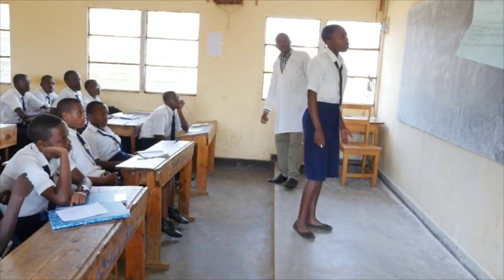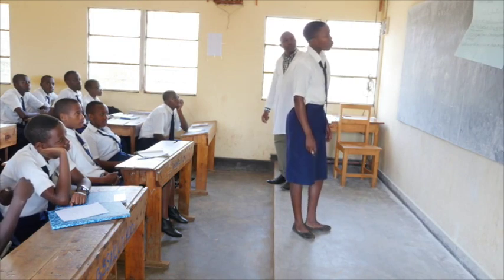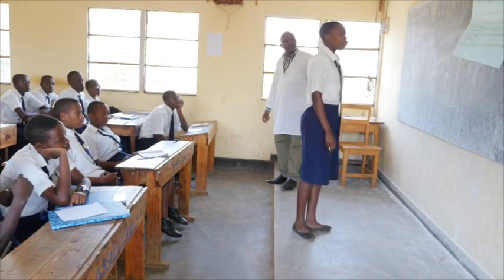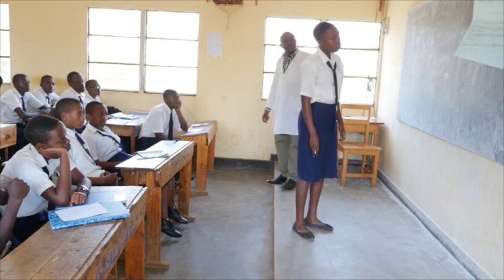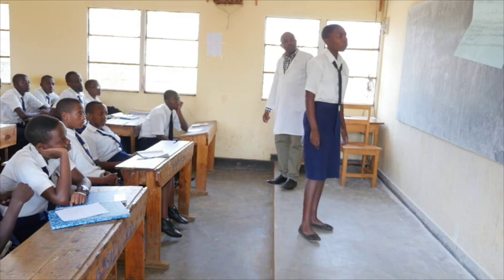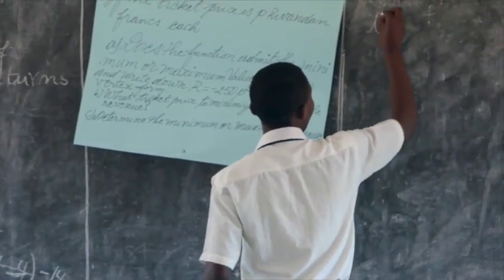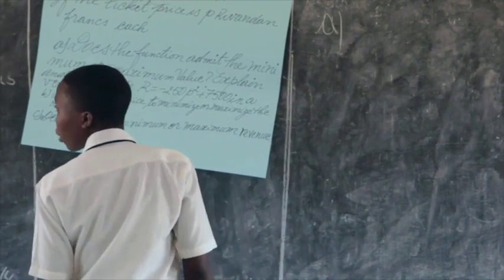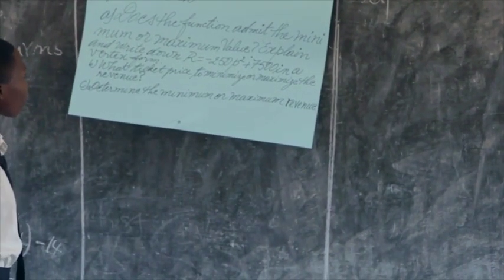Explain and write down R in vertex form. B, what ticket price minimizes or maximizes the revenue? C, determine the minimum or maximum revenue. Number A, you're going to follow her and ask a question where necessary.